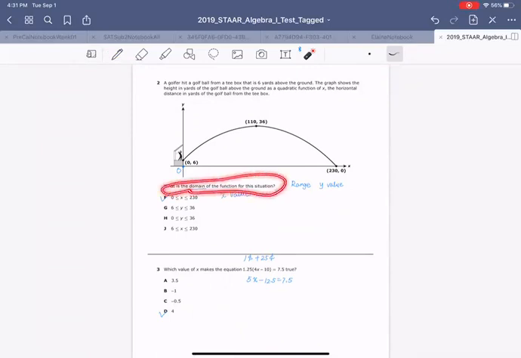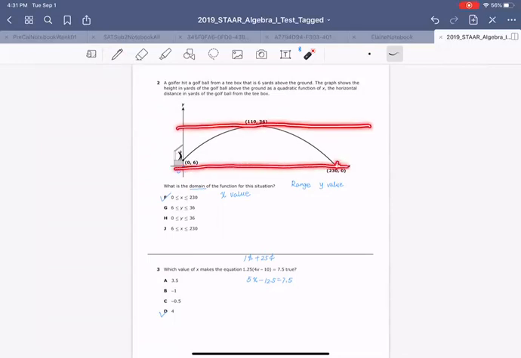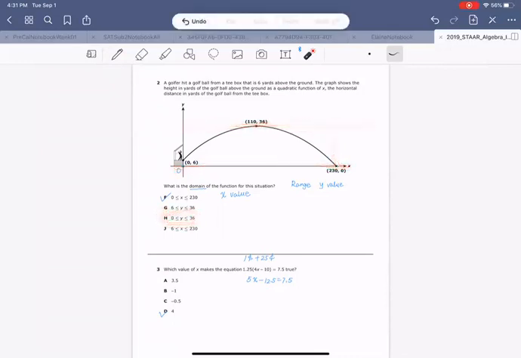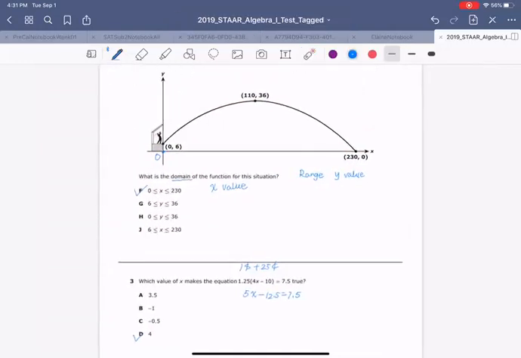Domain is whatever your x value is, okay? If it asks for the range, would I say like 6 and 0? If they ask you for the y value, look at your y value. Your y could be 0 and the highest could be 36. So this is your range.